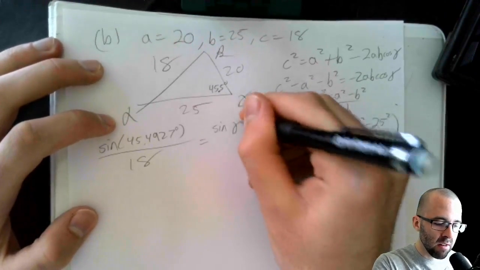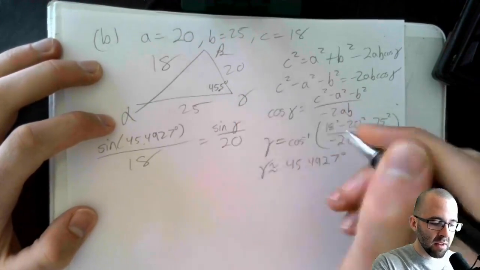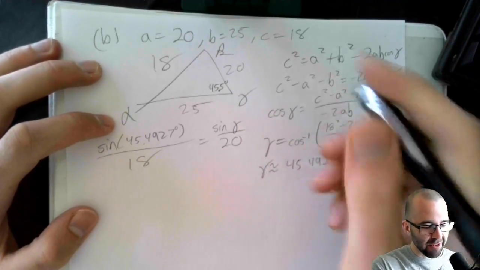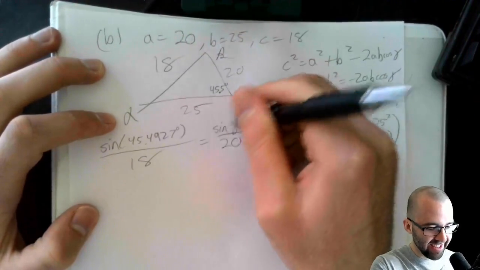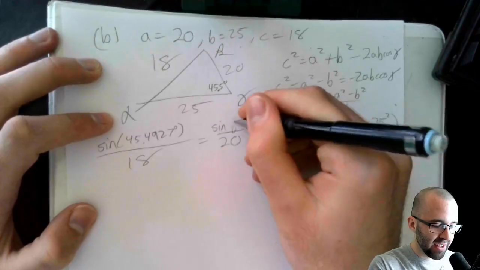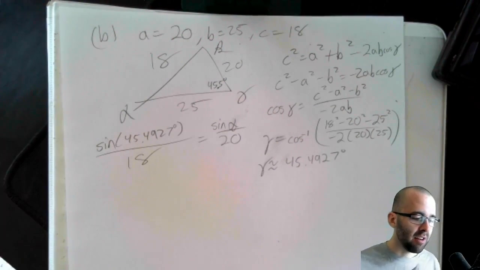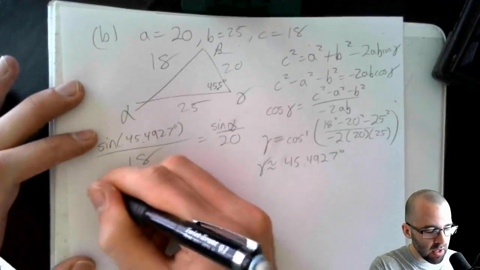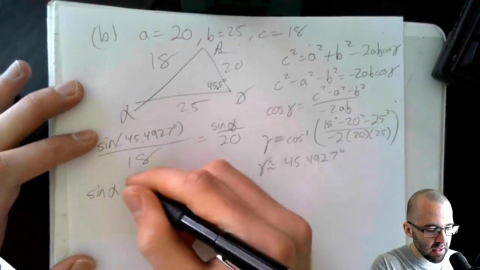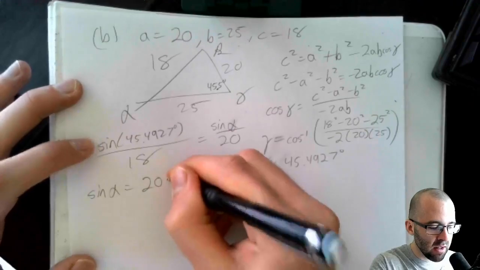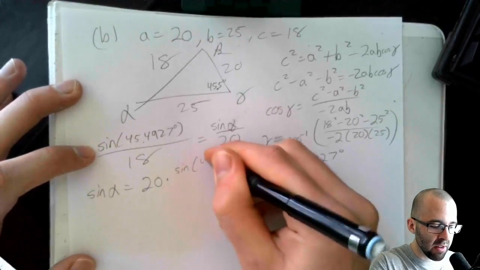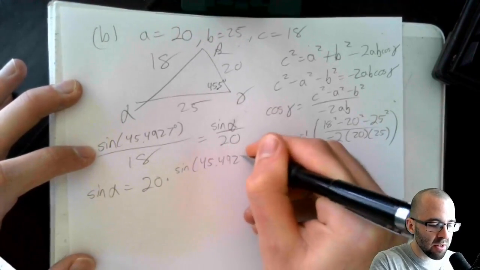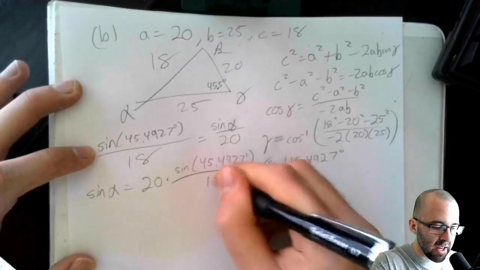Sine alpha divided by A, which is 20. That's not an alpha. That right there is a gamma. I don't teach Greek though, so it's okay. Sine alpha over 20. Multiply both sides by 20. You get sine alpha is equal to 20 times the sine of 45.4927 degrees divided by 18.